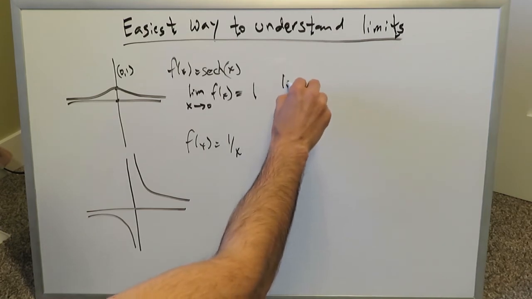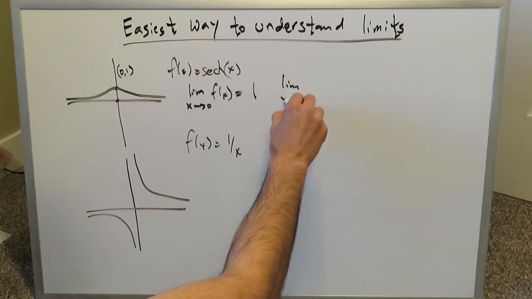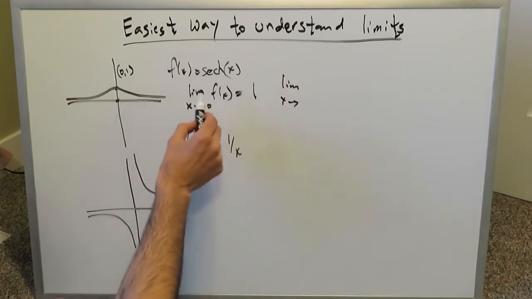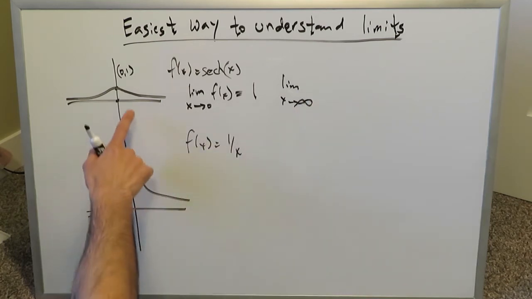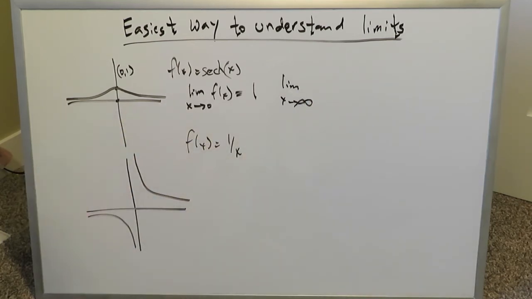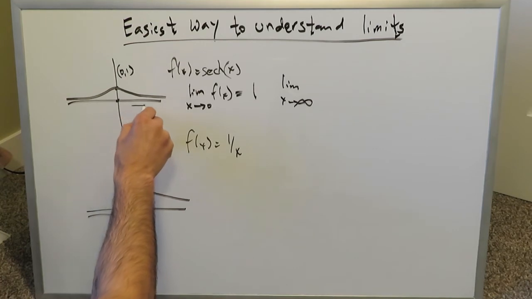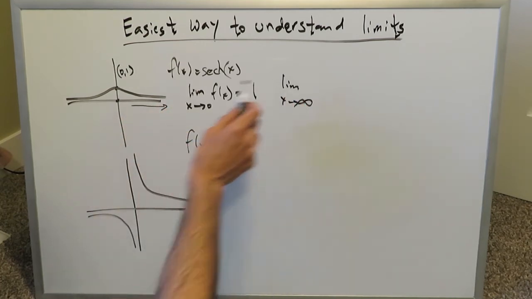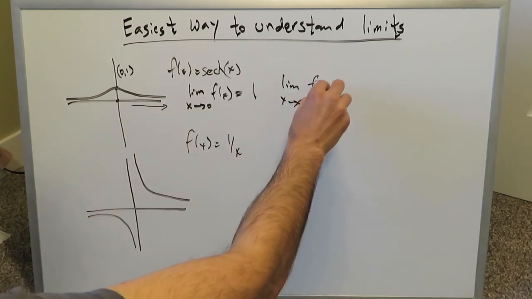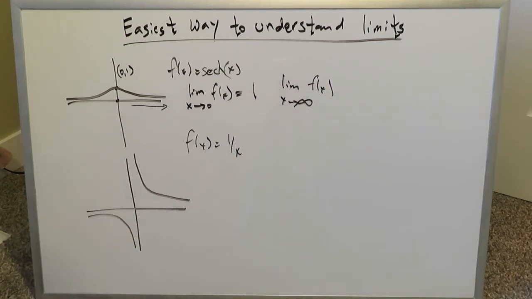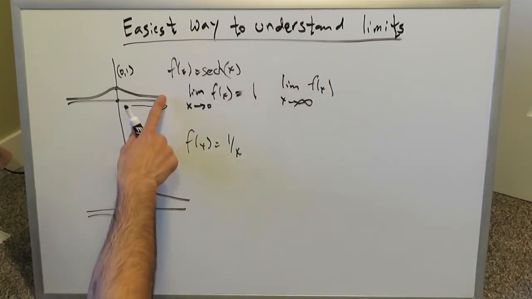How about this? Limit as x approaches infinity. As x-axis values are going towards infinity, where is your function approaching? You can do right side and left side approximations by testing values, or you can just look at your graph.